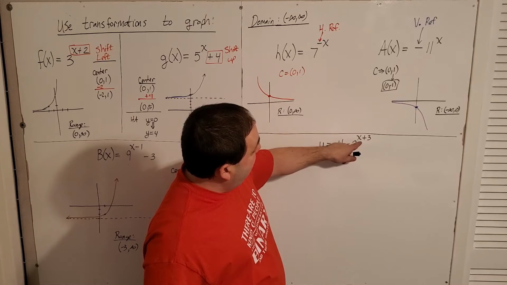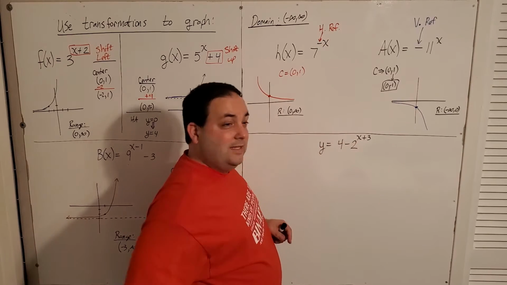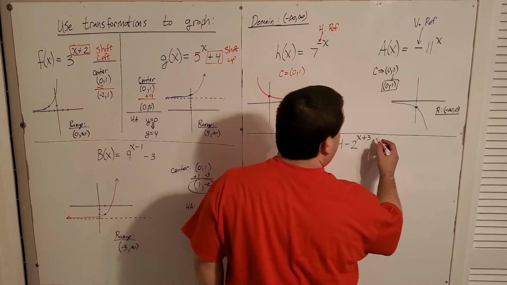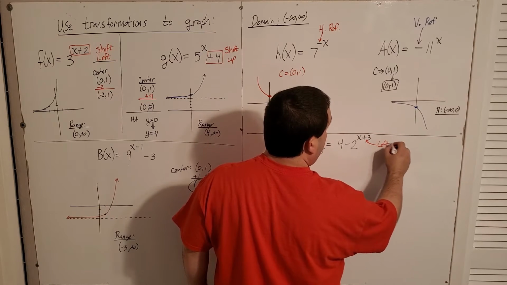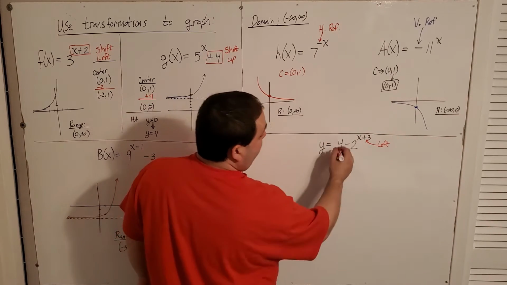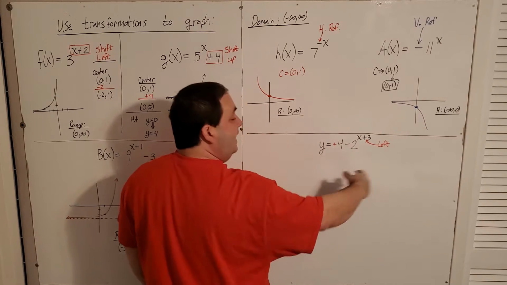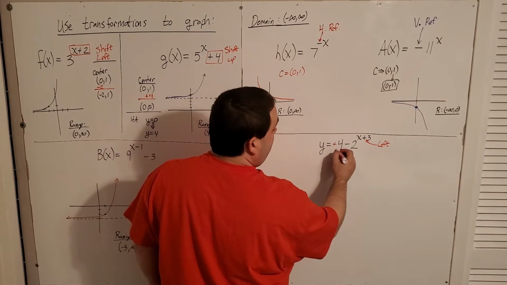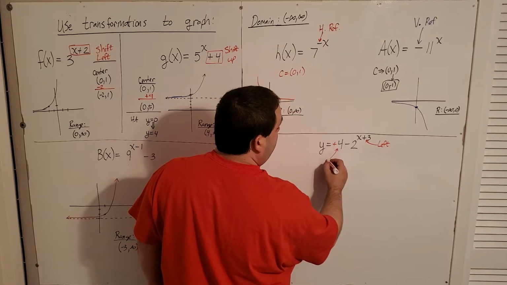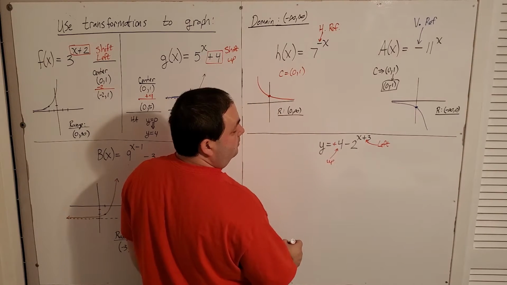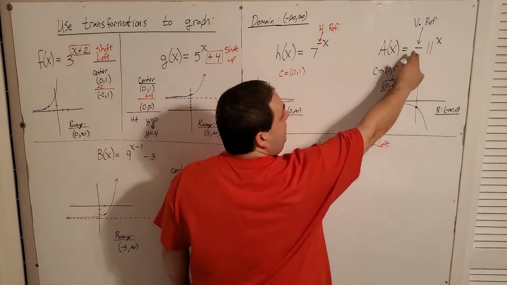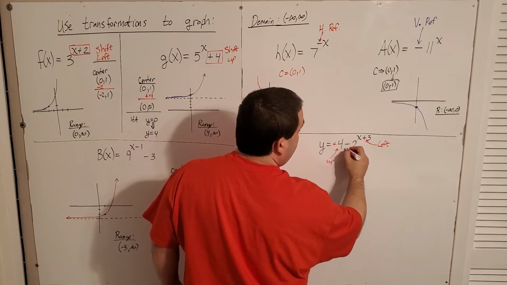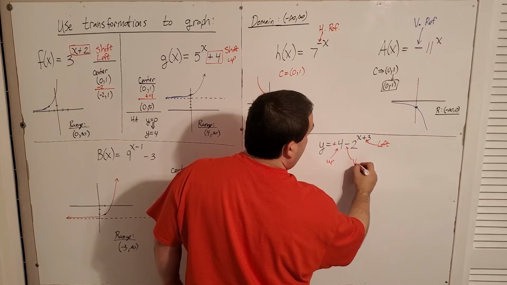The 3 is added directly to the x, so that's going to be a shift left. Right? The 4 is positive here, and it's added on the outside. So this is going to be a shift up. And then the negative is on the outside of the function, like this one. So that is a vertical reflection.